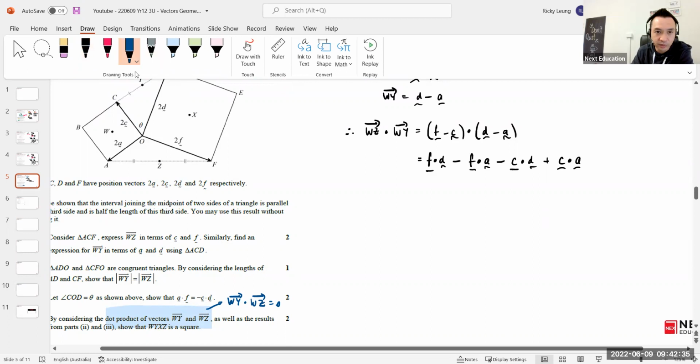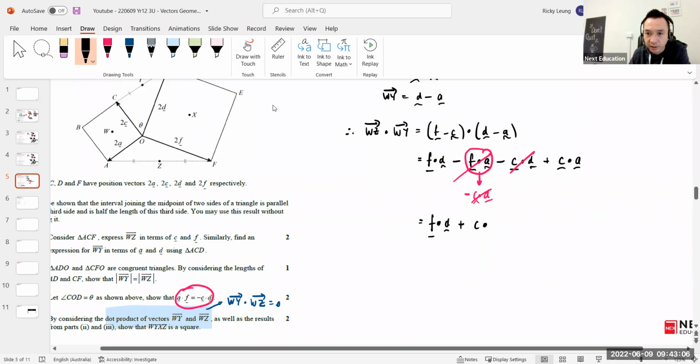So using part 3, a dot f, this guy here, is the same as negative c dot d. That's nice because then that and that cancels out. So this guy goes away with this, they're all gone because it's plus negative. So that just equals f dot d, plus c dot a.